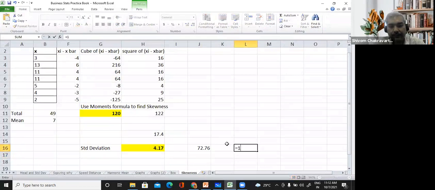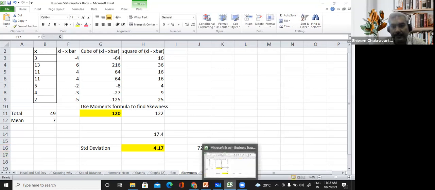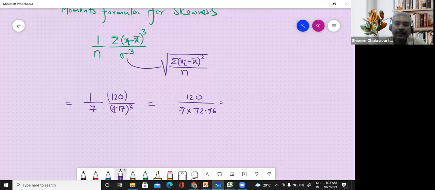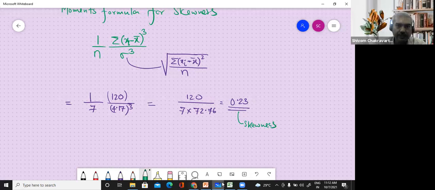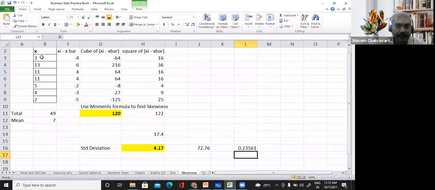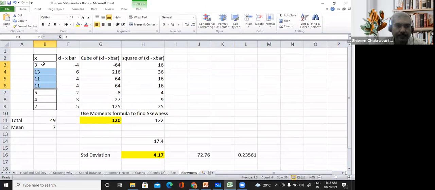So it comes out to be 120 divided by 7 multiplied by 72.76. So it is 0.23. So this is what? This is skewness. Skewness of what? Of this data set.